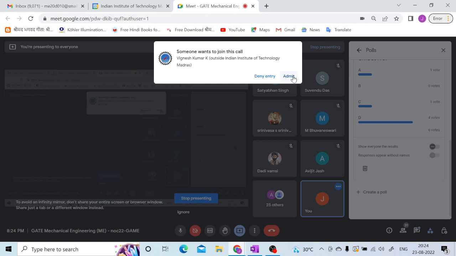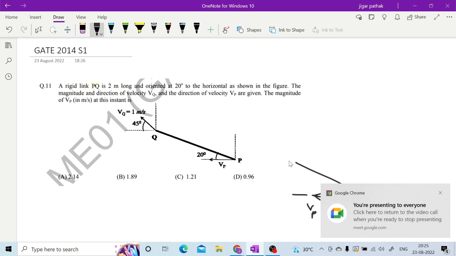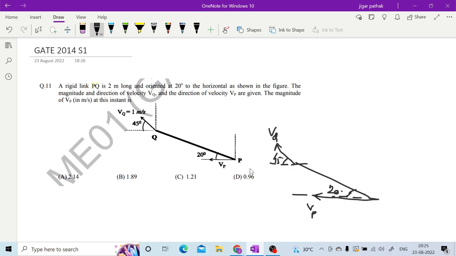So here VP is in this direction as mentioned here. Now VQ is given at 45 degree. You are asked to calculate this VP. VQ is given, right? Now this link is having both the points P and Q. As we have discussed, if you take perpendicular to this and perpendicular to this, then this link is assumed to be rotating around the same point, this instantaneous center.